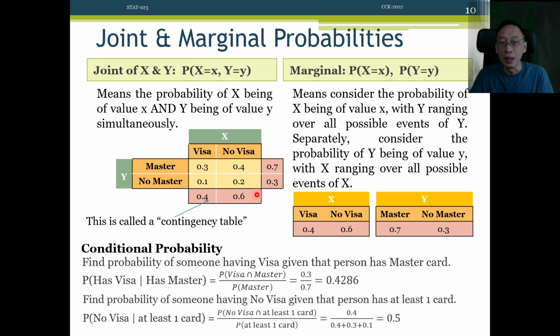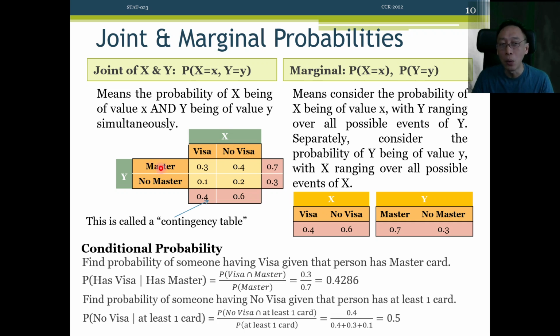we first begin by having a joint probability table like this. And then we add them up to get a 0.7, right? So we kind of like y equals to master. And regardless of x, whether x is visa or no visa, we add across, right? So we add across all possible values of x and thereby ignoring x, all right?